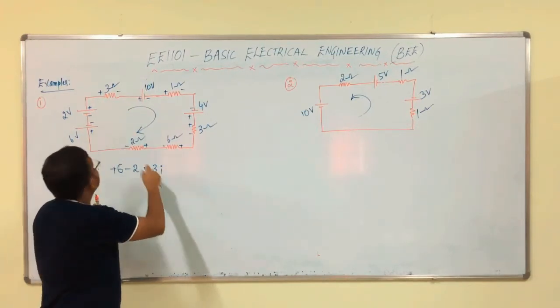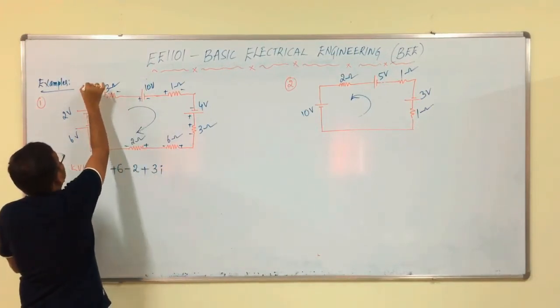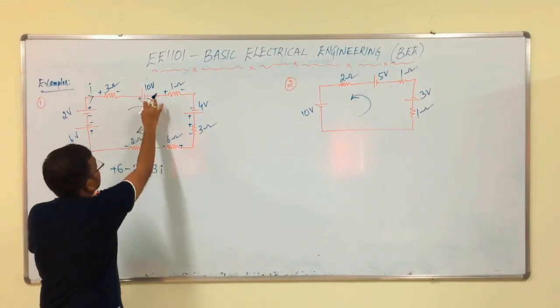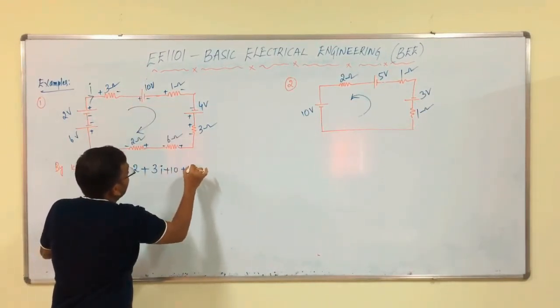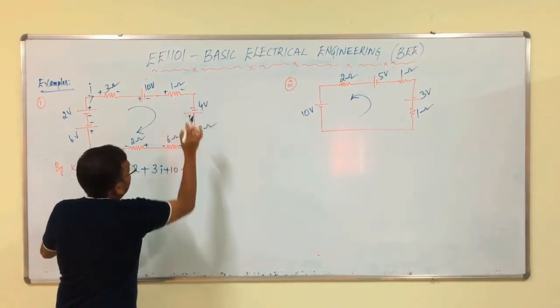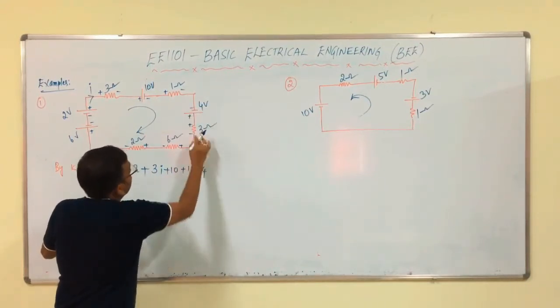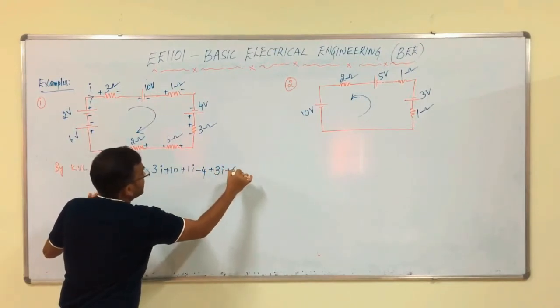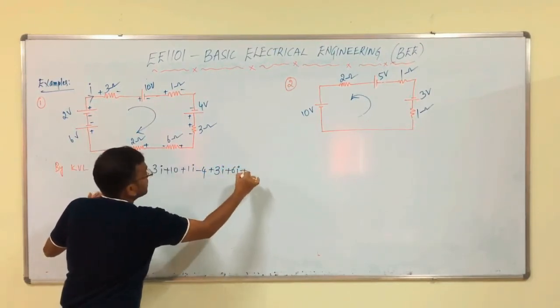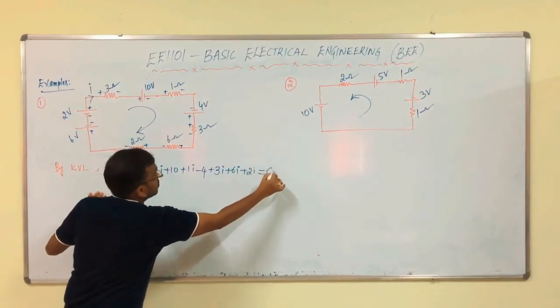We have to calculate, that is I, again positive to negative, plus 10 plus 1 into I, minus 2 positive, that is minus 4 plus 3I plus 6I plus 2I is equal to 0.